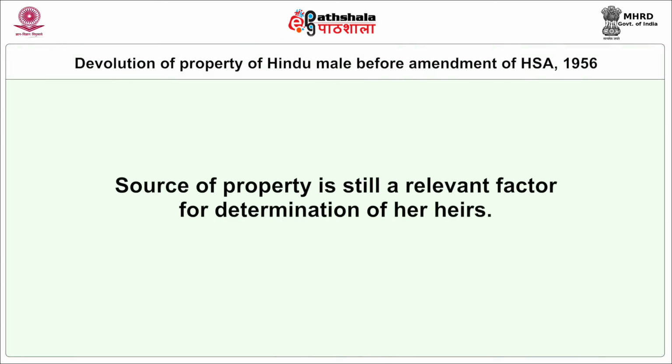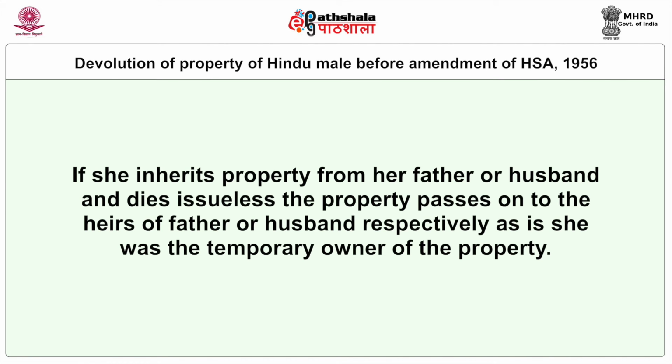Source of property is still a relevant factor for determination of heirs. If she inherits property from a father or husband and dies issueless, the property passes on to the heirs of the father or husband respectively, as if she was the temporary owner of the property.